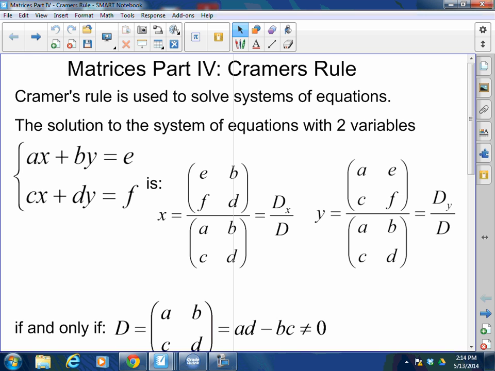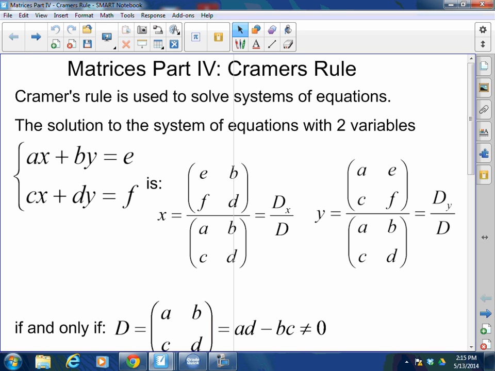Now, we're going to see how we use determinants to solve systems of linear equations. Cramer's rule is used to solve systems of linear equations. The solution of a system of equations with 2 variables. Yes? I know I haven't posted the notes yet. That's why I said let's start together right now, pay attention, and then we'll continue tomorrow.